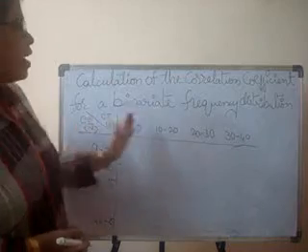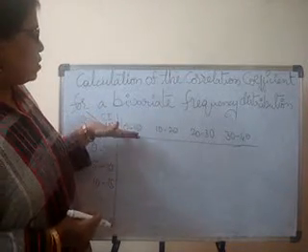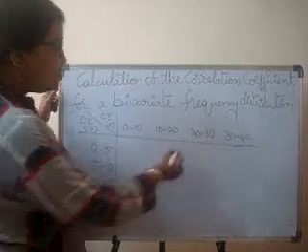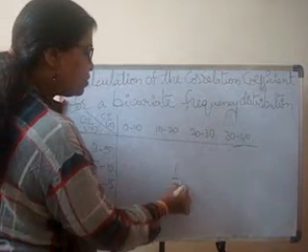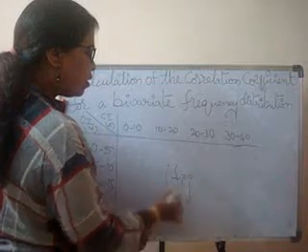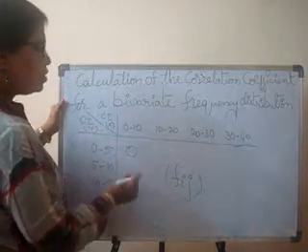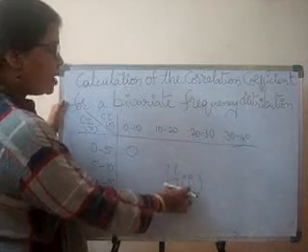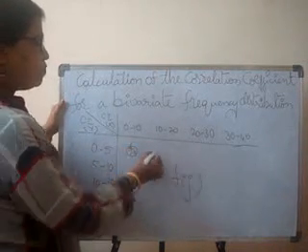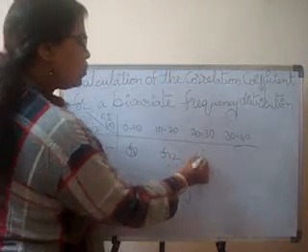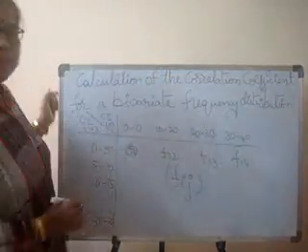So x takes the values 0 to 10, and all these cells will have frequencies f_ij. Put i equals 1, j equals 1, you will get the frequency of this cell, frequency of that cell.